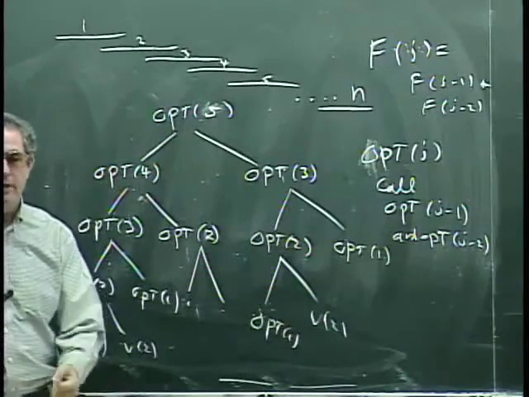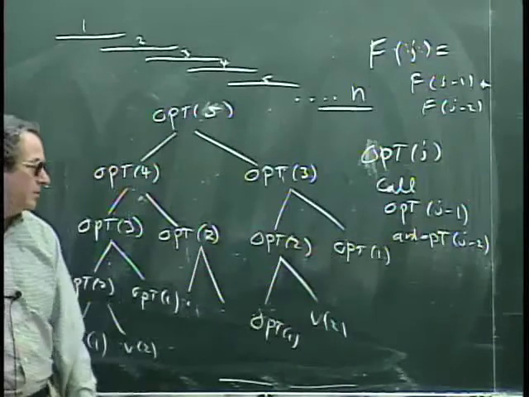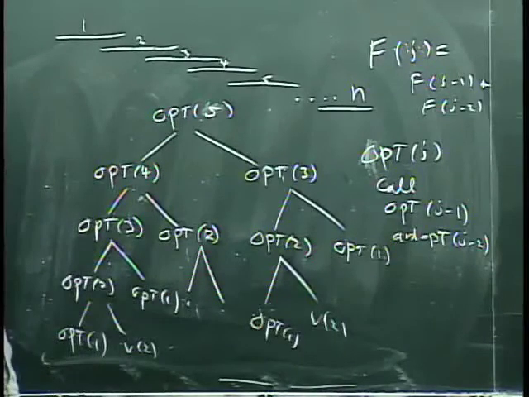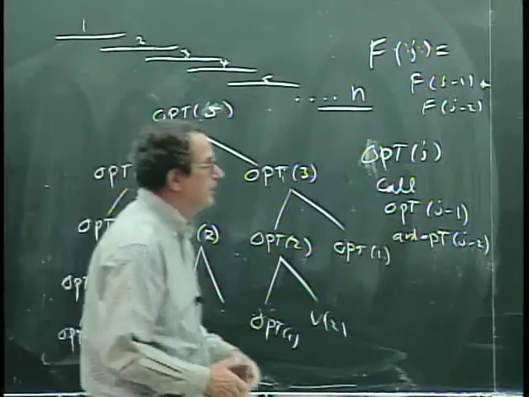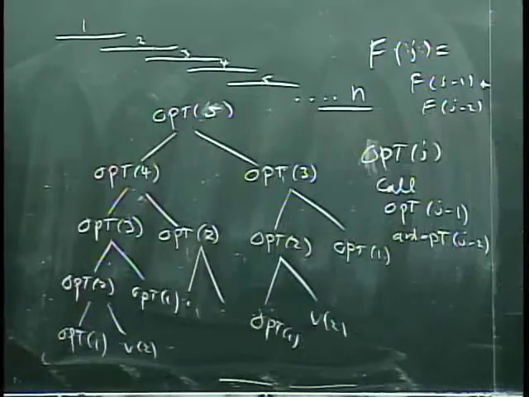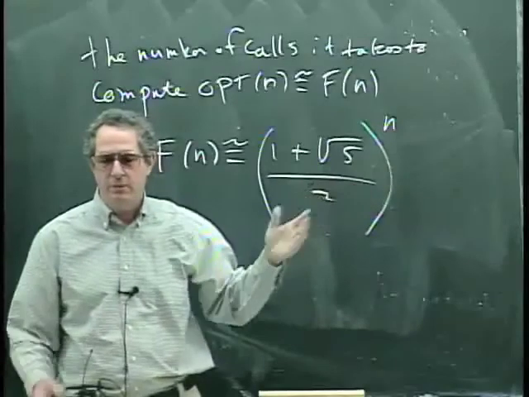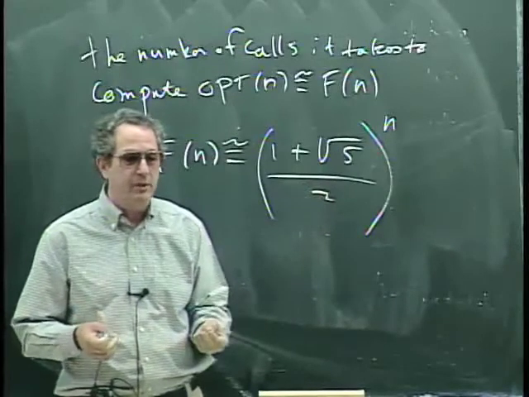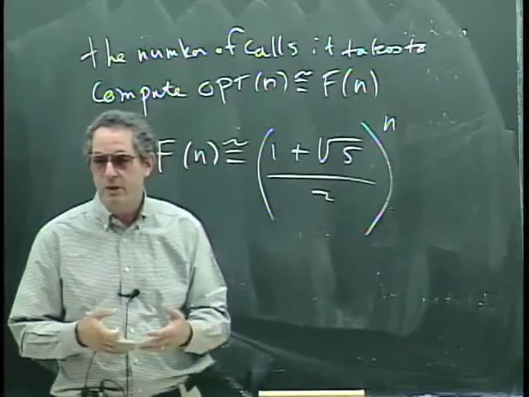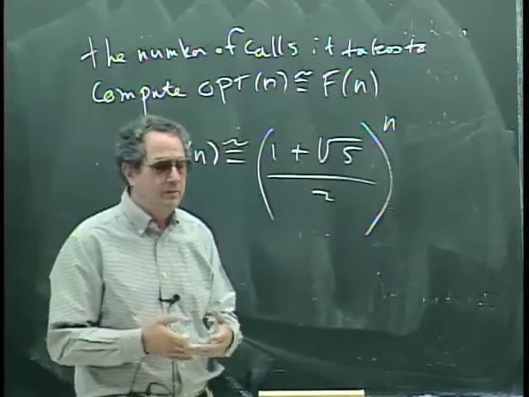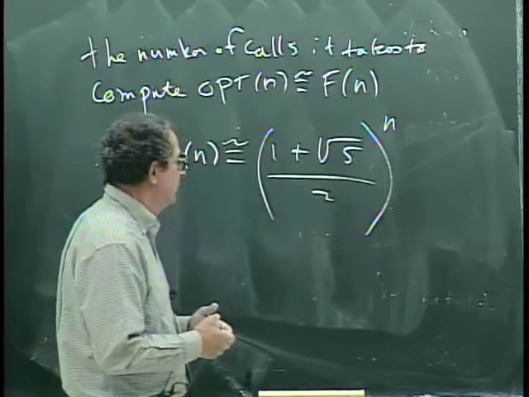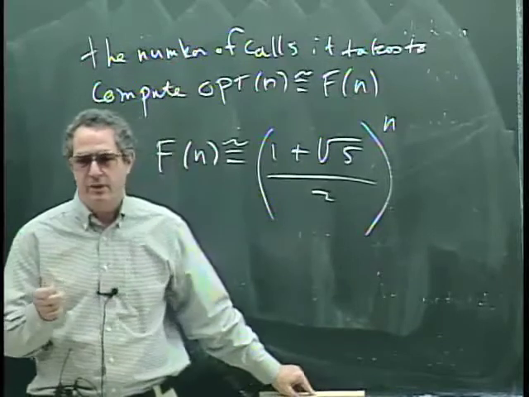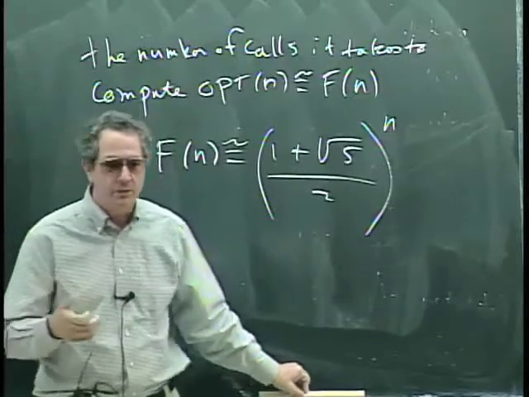You're calling opt of n minus 1, all the way down to opt of 2, and yet the total number of calls is growing exponentially when, in fact, the total number of different calls is just linear. So a very small number of different types of calls, but a huge number of actual calls.